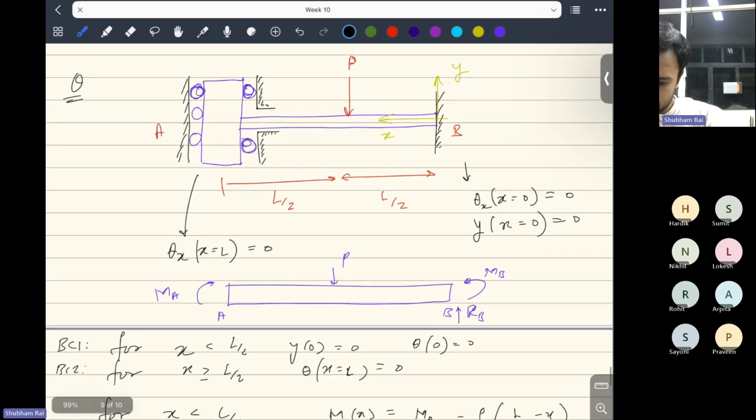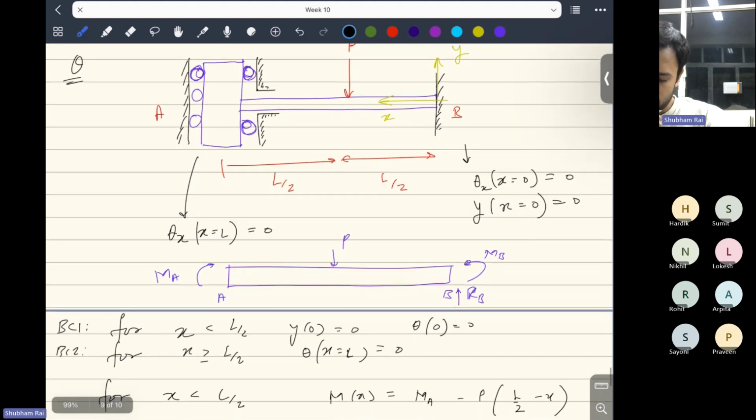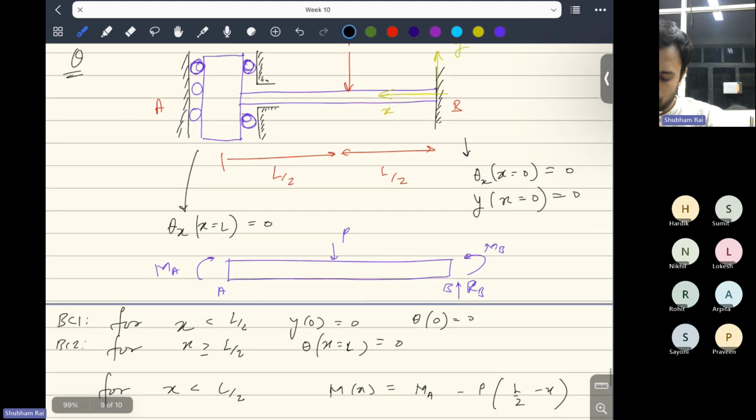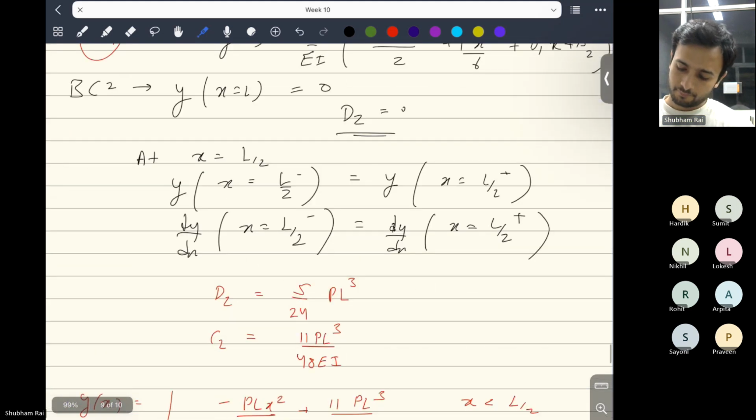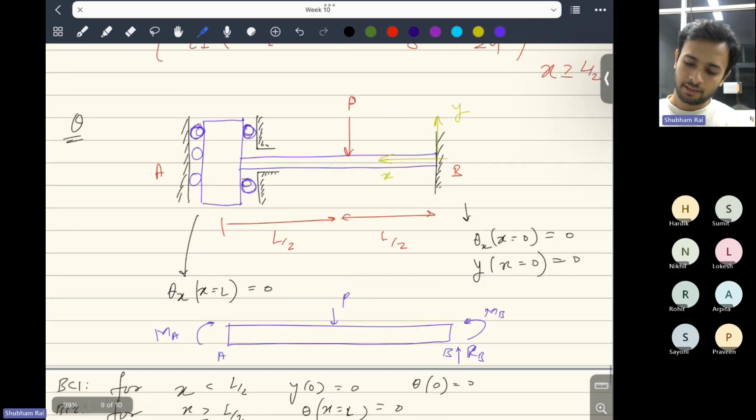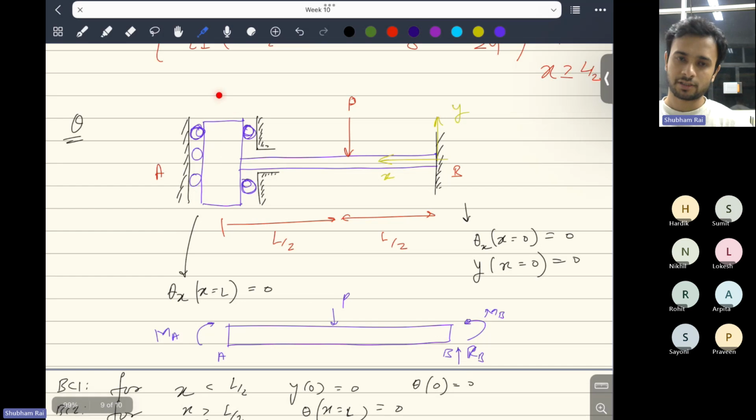Since A is free to move, there will not be any reaction on A. So RB will be equal to P. Since A can have translation in the y direction, there will not be reaction in the y direction. So RA will be 0. I mean, there will not be any reaction at A. RB will be equal to P, and obviously that will be in the upward direction only.